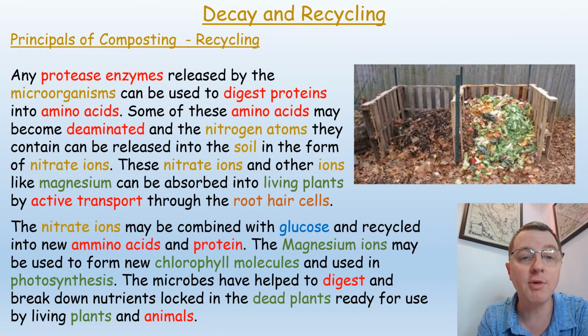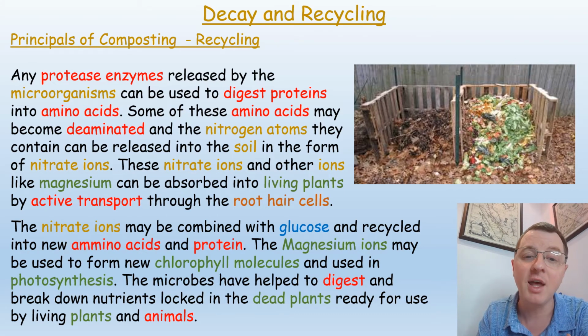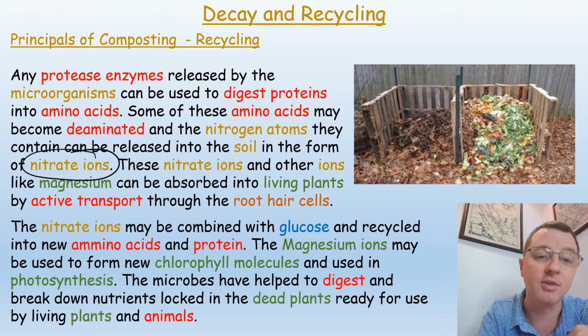We mentioned earlier that protease enzymes may be released by the microorganisms, and these can be used to digest proteins into amino acids. And some of these amino acids may become deaminated, and the nitrogen atoms that they contain can be released into the soil in the form of nitrate ions.